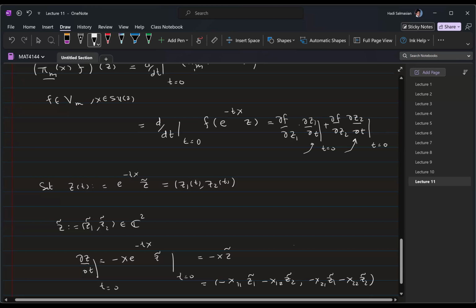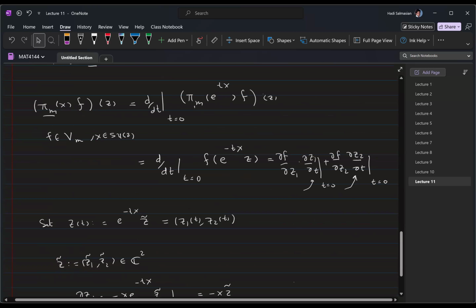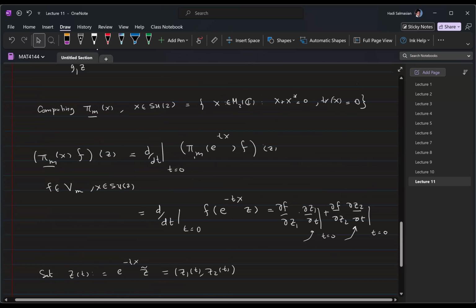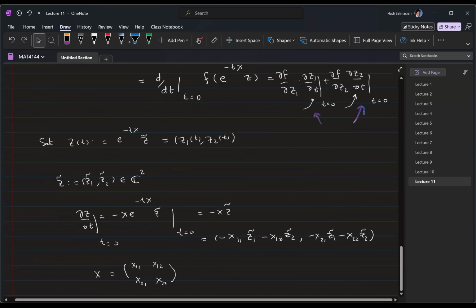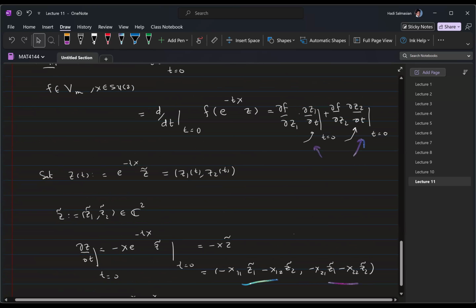Okay. So now I have computed these two quantities, this one and this one, the dz1/dt and dz2/dt. They are basically these formulas. Okay. And they are expressible in terms of z1 tilde and z2 tilde. So what I get is the following.